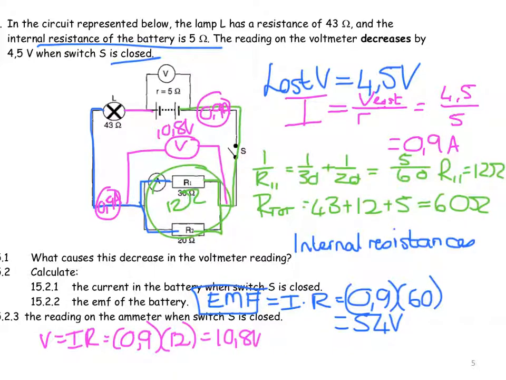So I'm going to look at this 30 ohm resistor, and I am going to say current is equal to potential difference divided by resistance. The potential difference of the top branch is 10,8. The resistance of the top branch is 30, and therefore I land up with 0,36 amps.